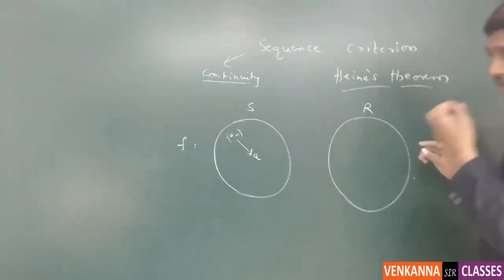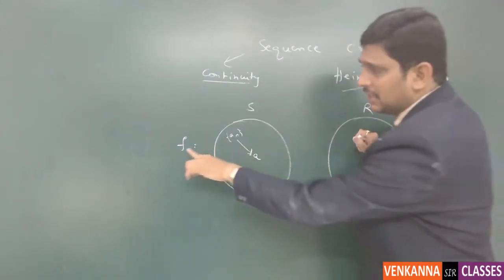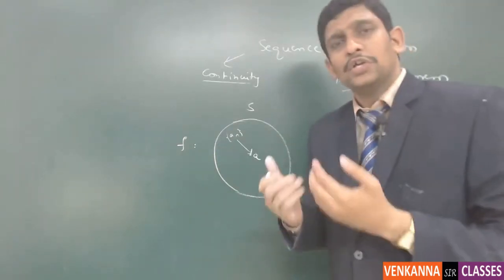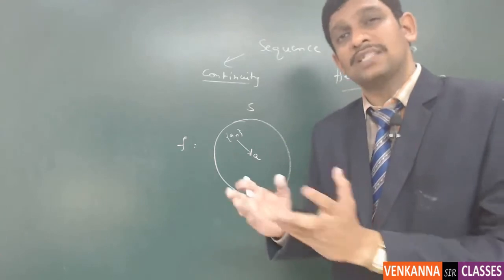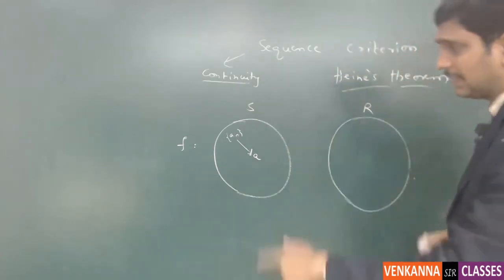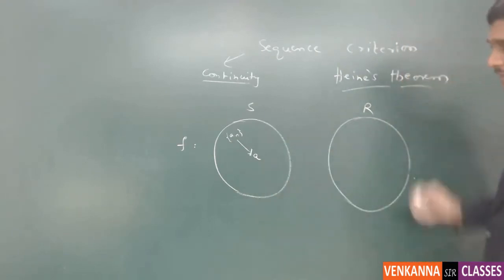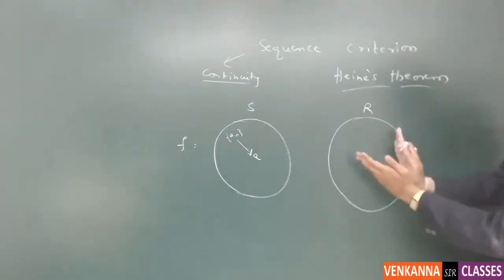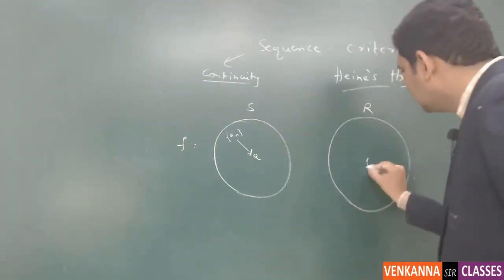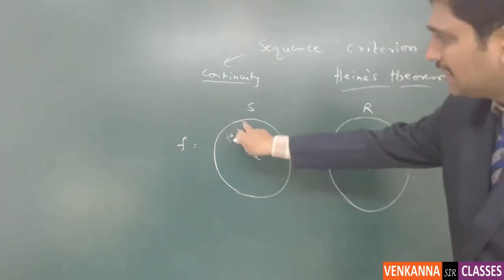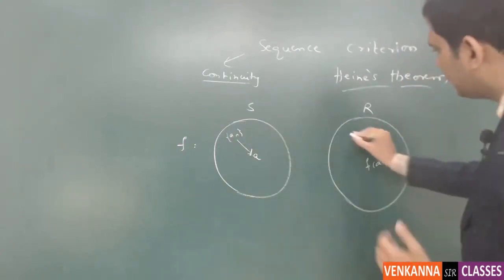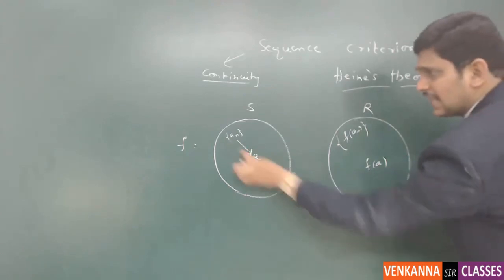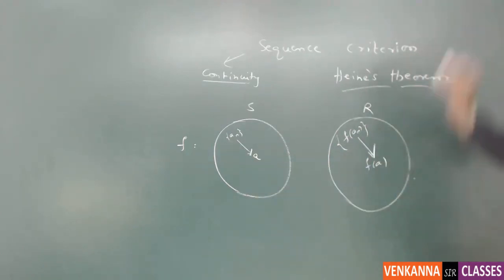The theorem states that if you want to prove that the function is continuous at the point a, in this domain you can consider any sequence converging to a. Then for every point the corresponding image will be here, so for a the image will be f of a. For this sequence a_n, you have the corresponding image sequence f of a_n. Since a_n is converging to a, it must converge to f of a.